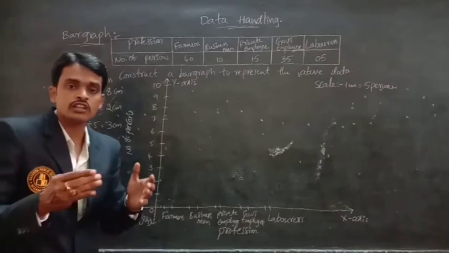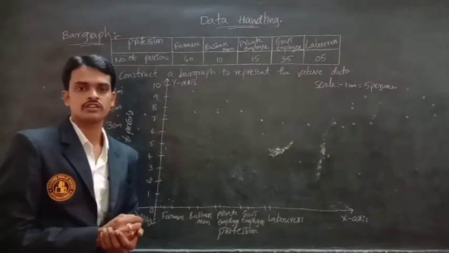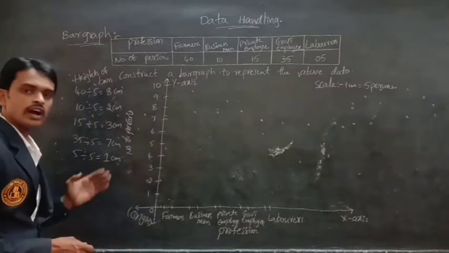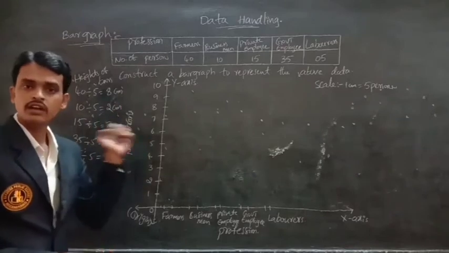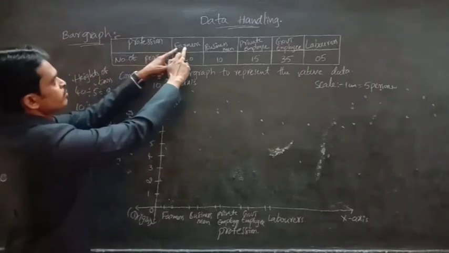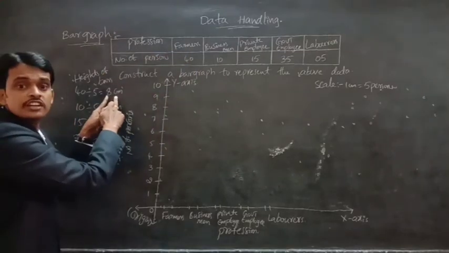Now let us draw the bars or rectangles by the given heights. Here first, farmers 40. It is represented by the scale as 8 centimeters.